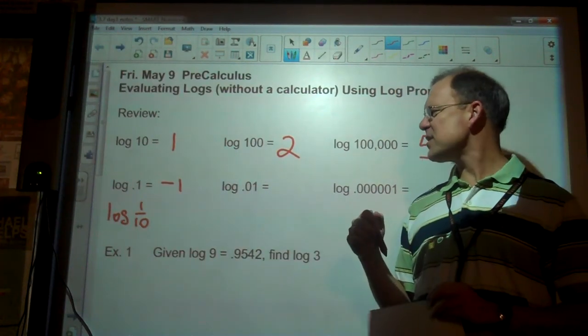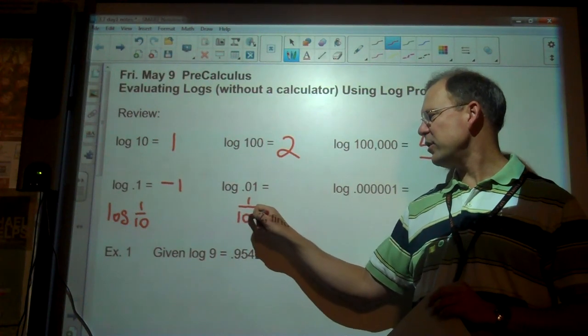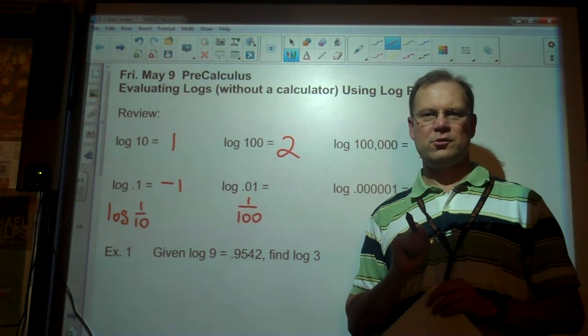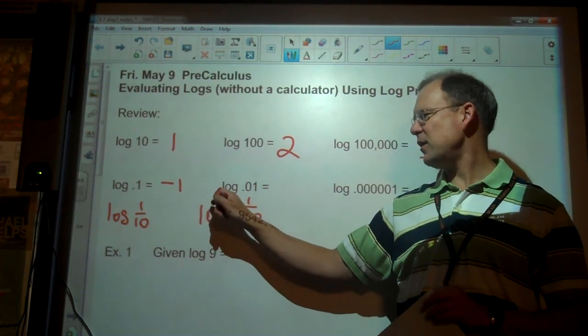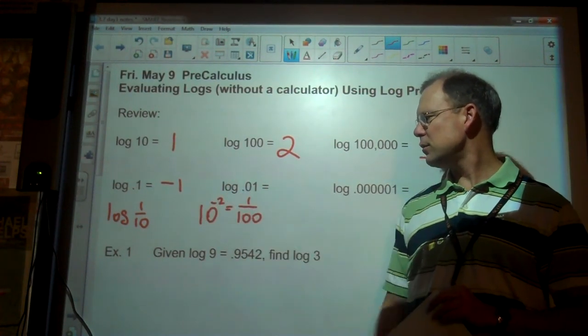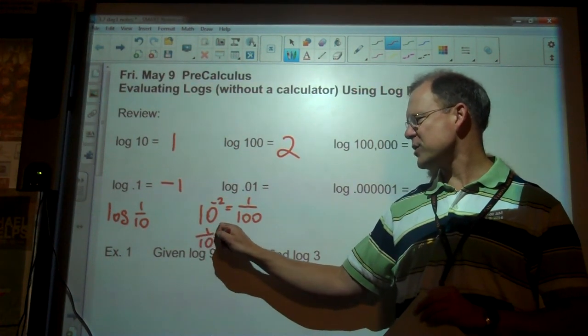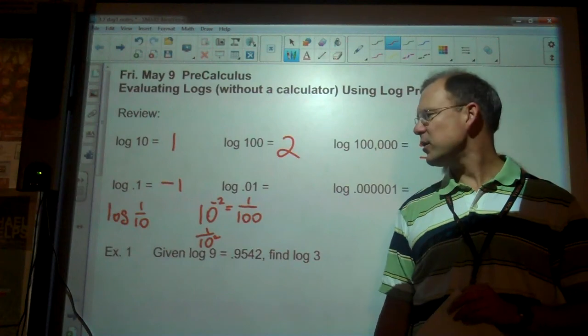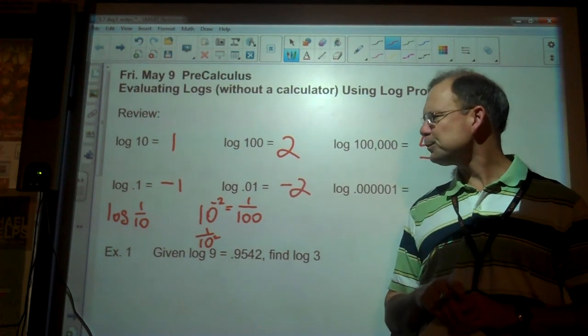Okay, log of 0.01, so that's 1 over 100. So that's 10 to the negative 2. 10 to the negative 2 is 1 over 10 squared, right? So this would be negative 2.